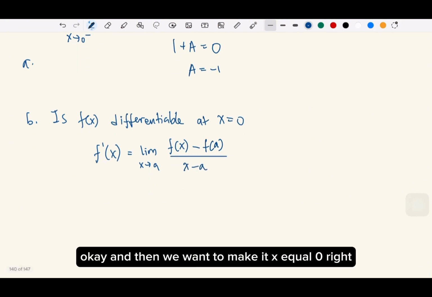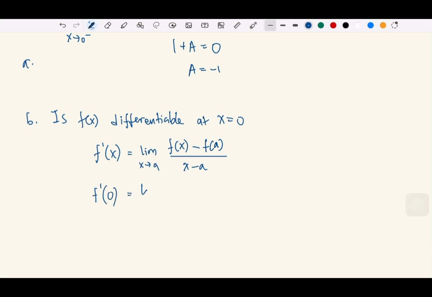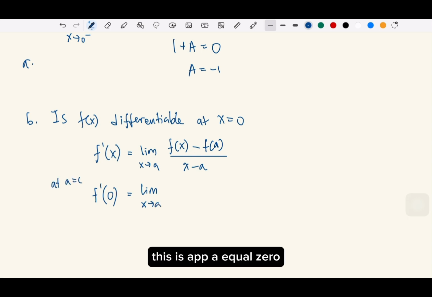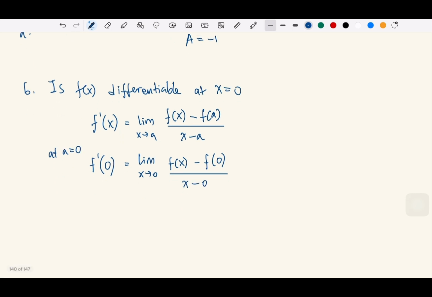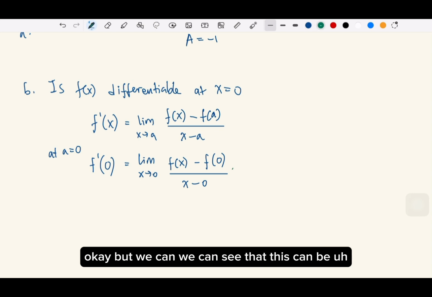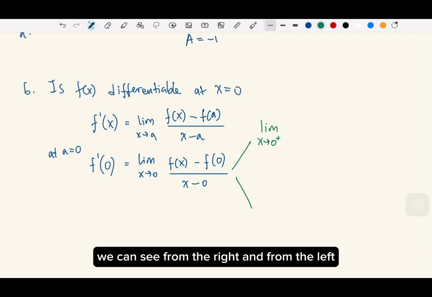Then we want to make it x equals 0, so basically this is at a equals 0. We can see this from the right and from the left.